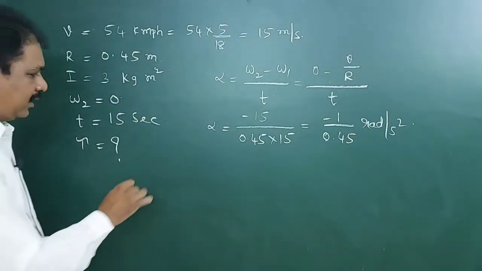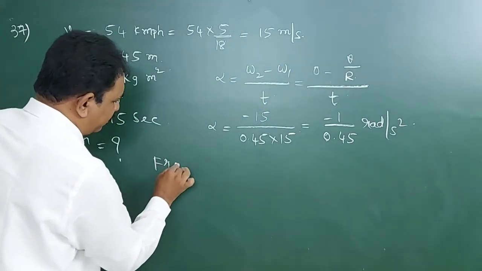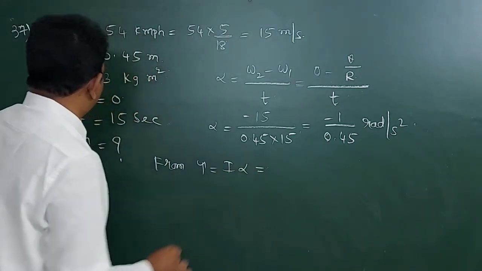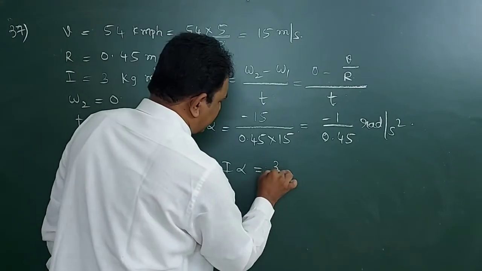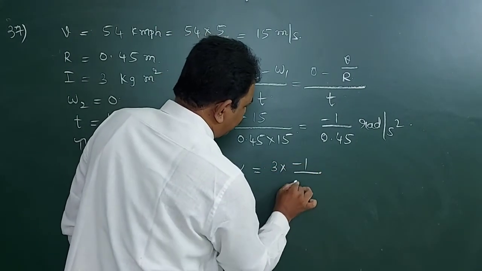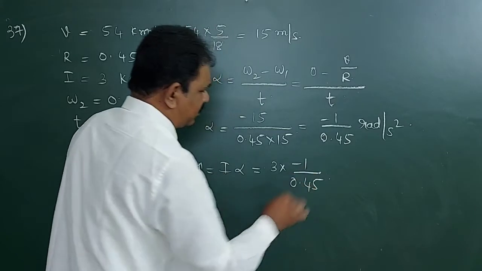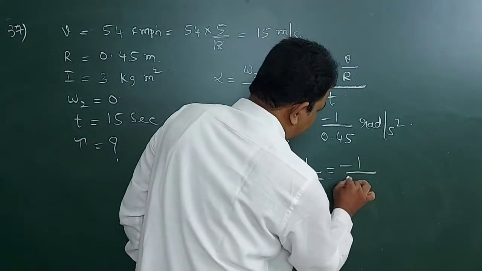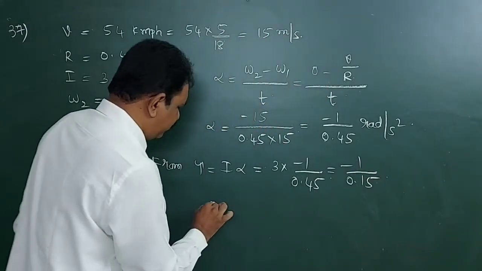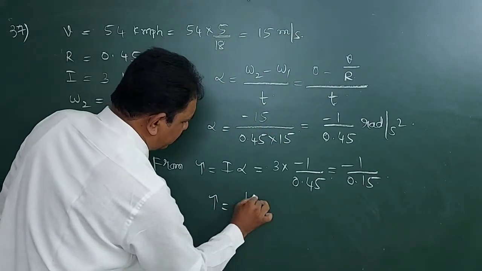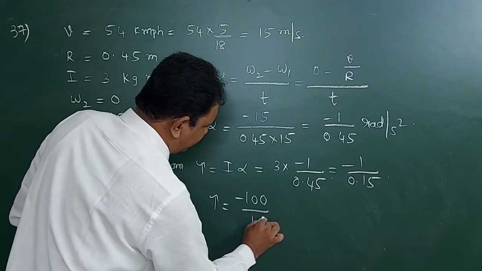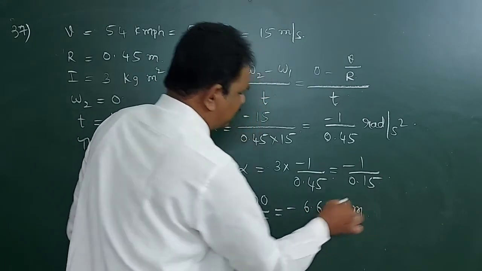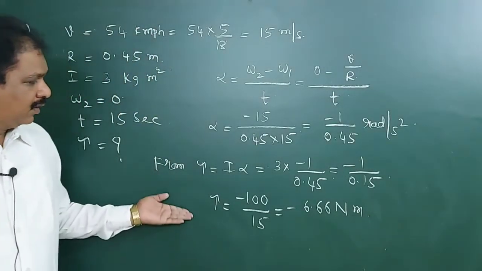Then find the torque from tau is equal to I alpha. This is 3 into minus 1 by 0.45, so minus 1 by 0.15. Tau is equal to minus 100 by 15, minus 6.66 Newton meter.